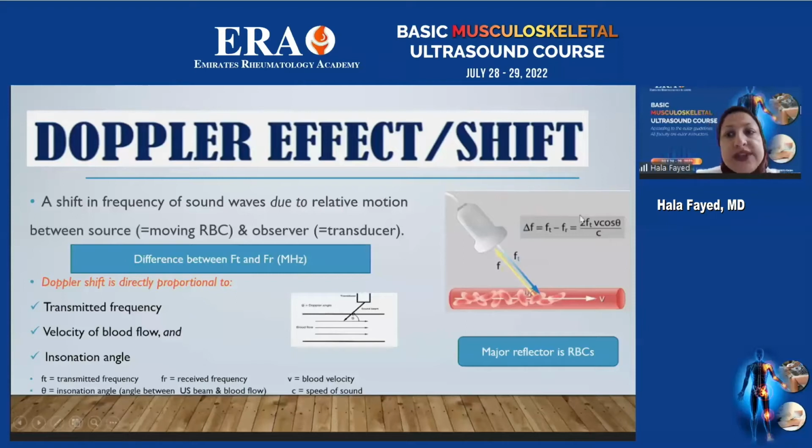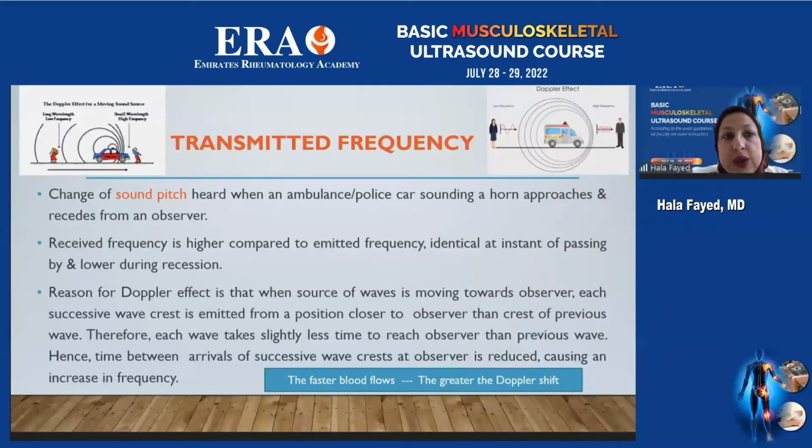So all these factors are directly proportional to the Doppler shift: the transmitted frequency, that is the line in blue, the frequency emitted, the velocity of the blood flow, and the insonation angle, that is the angle between the ultrasound beam and the blood flow. We will speak about these factors separately.